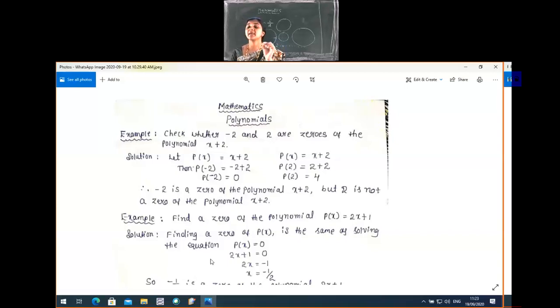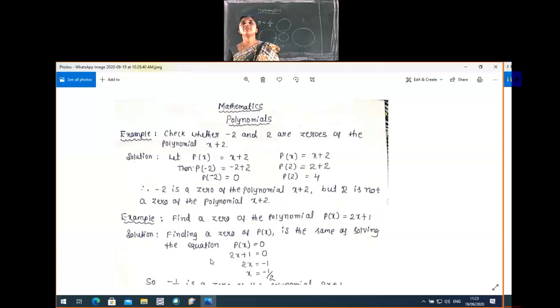That is p of x is equal to x plus 2. Which value do we have to check first? Minus 2. In place of x, you substitute minus 2. Then minus 2 plus 2 is 0. We got the polynomial value as 0. Therefore, we can say that minus 2 is a zero of the polynomial x plus 2.